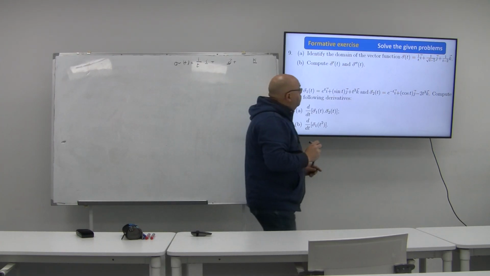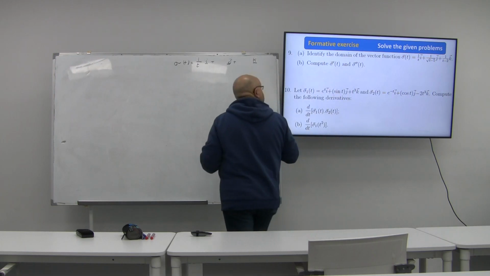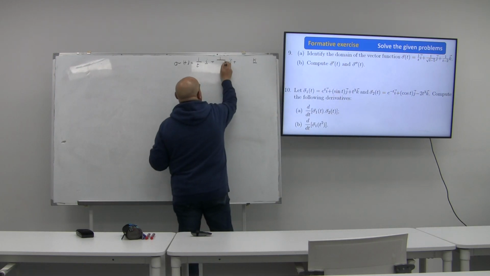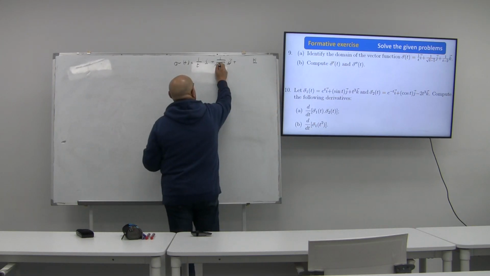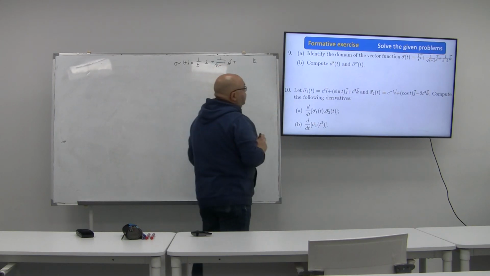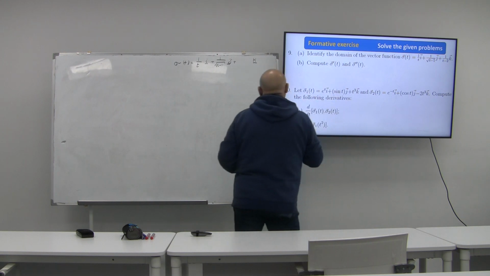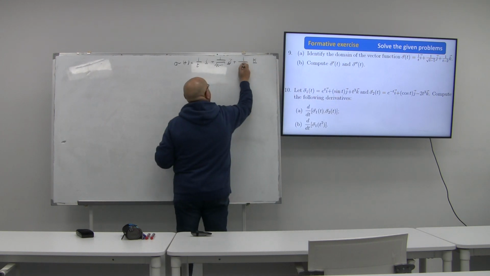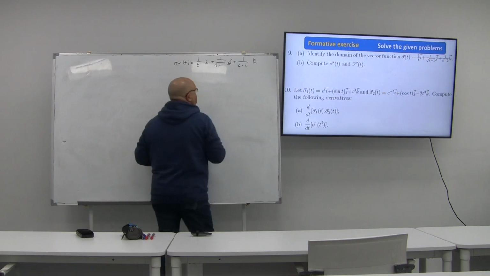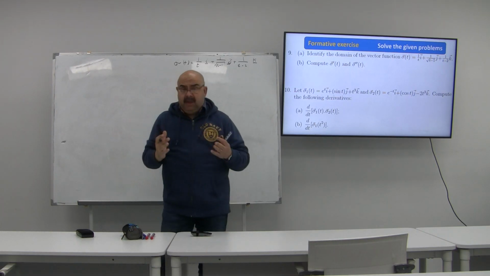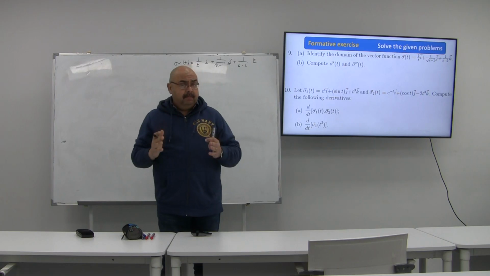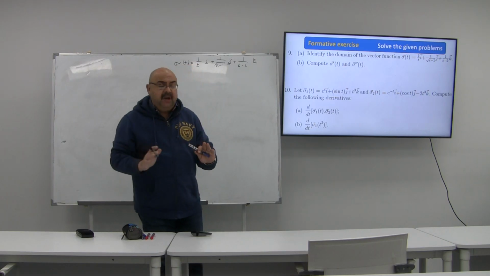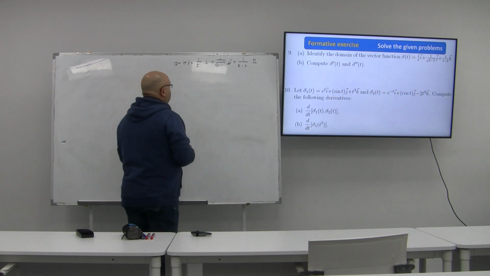The second component is simply 1 over the root of t minus 1, okay? And the third one is 1 over t minus 2. So if I want to get the domain for rho of t, I must be sure that all the components are satisfied and easy to work with.